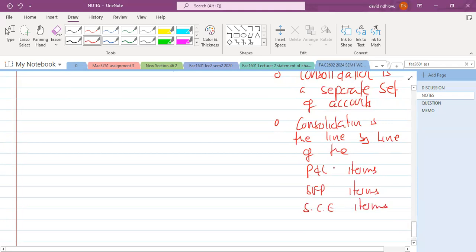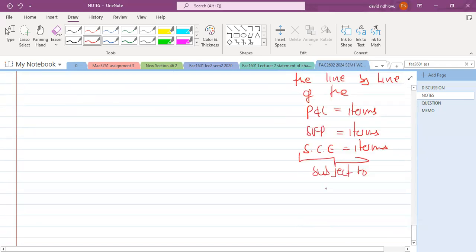So you just add like for like. Income of the parent plus income of the subsidiary, depreciation of the parent plus depreciation of the subsidiary, rental expense of the parent plus that of the subsidiary. But remember, all of this is subject to adjustment. There are certain adjustments that you must make.